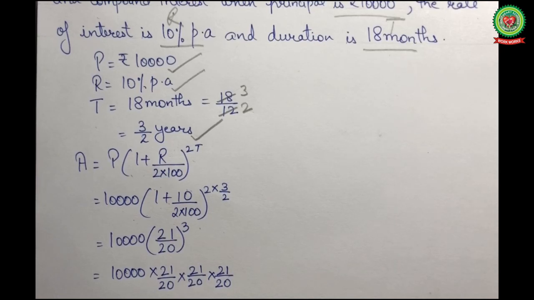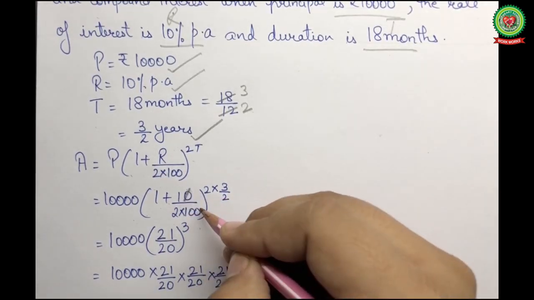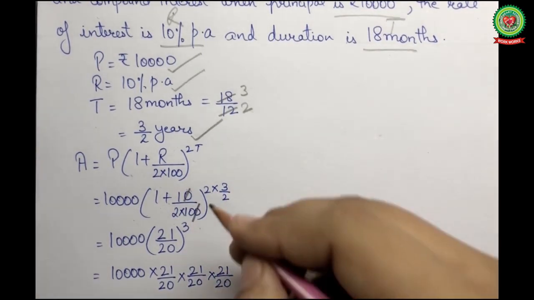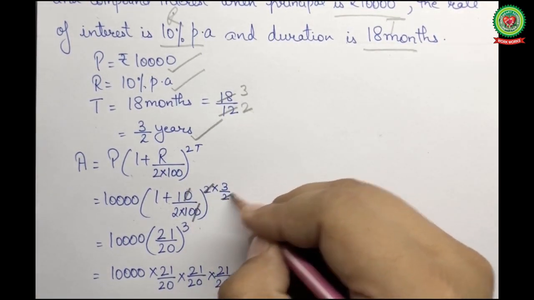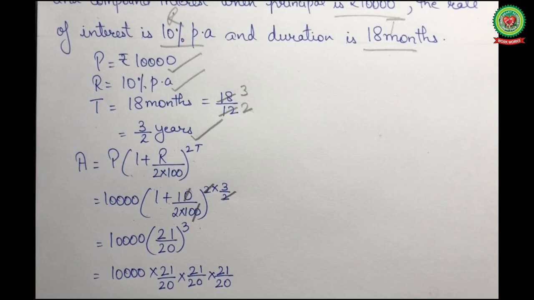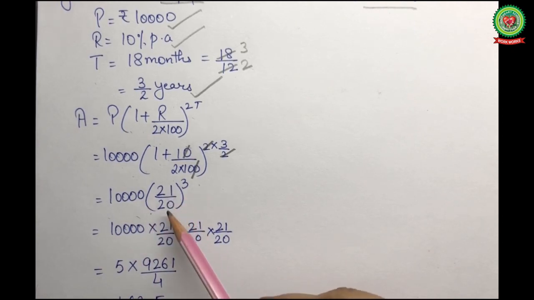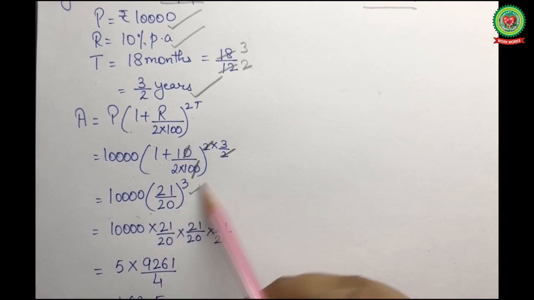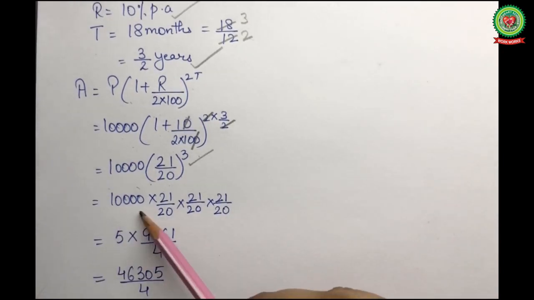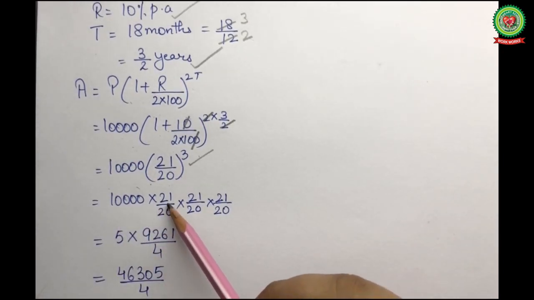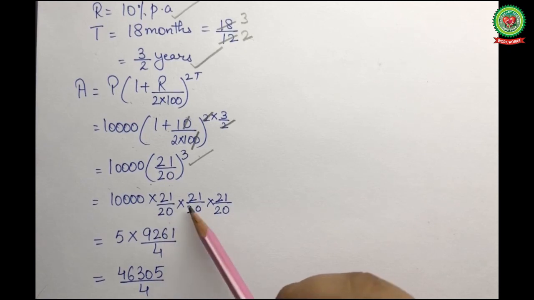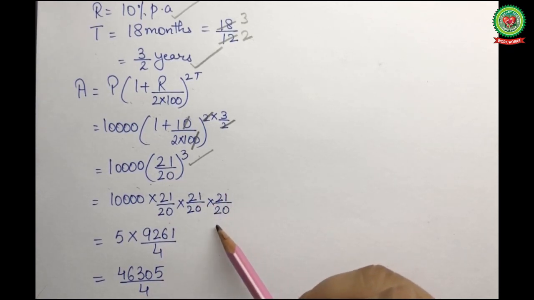Now we are going to do the cuttings. This 0 will get cancelled with this 0 and 2 will get cancelled with 2. Now on taking the LCM, we get 10,000(21/20)^3. So now on expanding, we get 10,000 × 21/20 × 21/20 × 21/20.